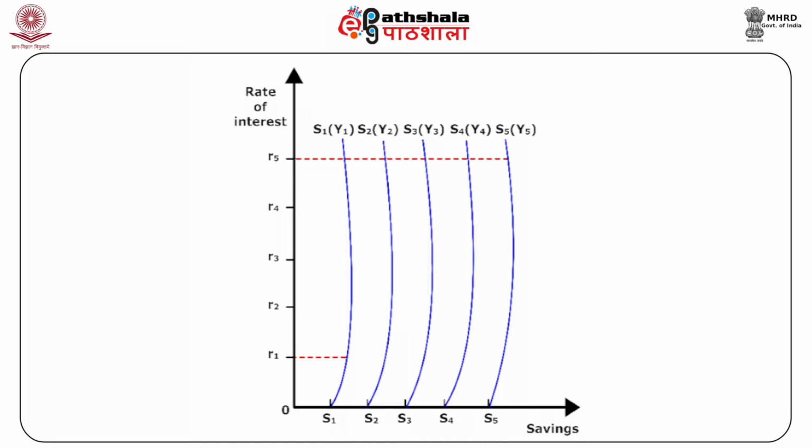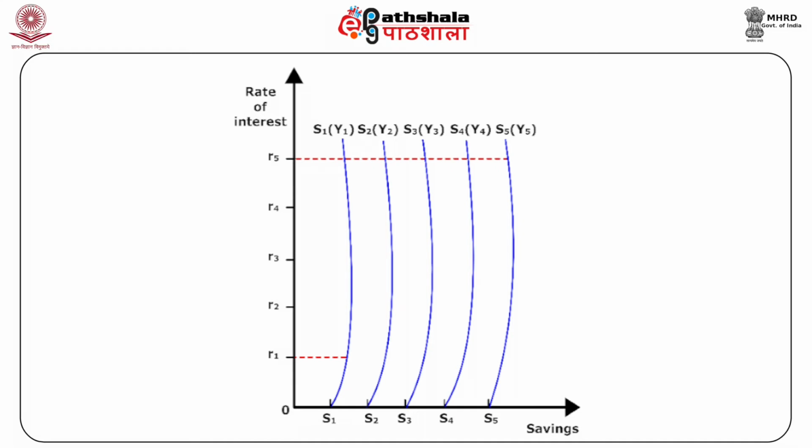The relationship as described earlier is positive, but as the rate of interest keeps increasing, the additional savings due to an increment in the rate of interest would go on decreasing.